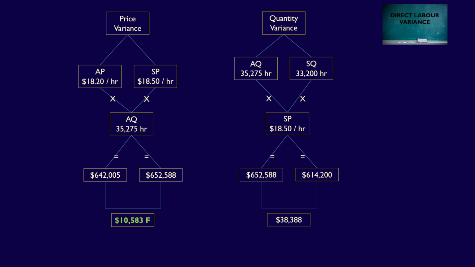So, is this variance favorable or unfavorable? To determine that, always look at the diamond on the top. The actual quantity used in production is 35,275 hours, and the standard quantity we expected to use, 33,200 hours. Did we do a good job controlling our use of labor, which would make it a favorable variance? Or did we do a poor job controlling our use of labor, in which case the variance is unfavorable?